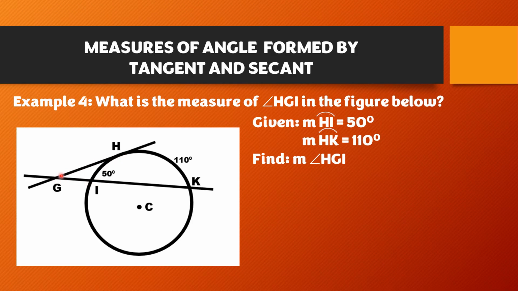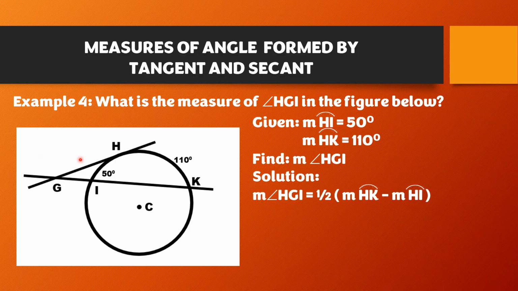Angle HGI is the angle formed by the tangent and the secant. So for the solution, we will apply now the external angle theorem. The measure of angle HGI is equal to 1/2 the measure of arc HK minus the measure of arc HI.